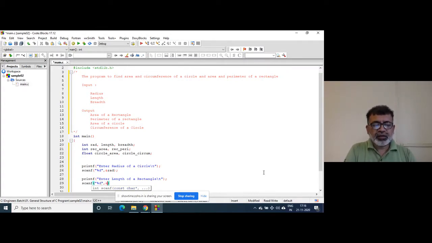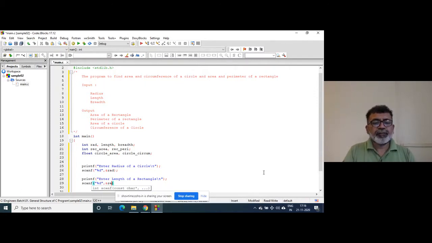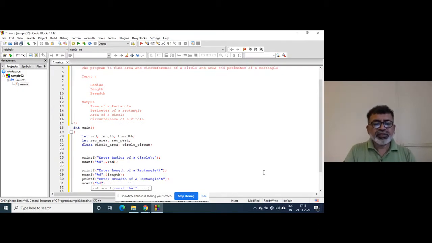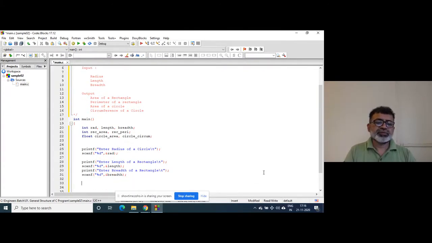Printf enter width of a rectangle, scanf percent d and breadth, right?